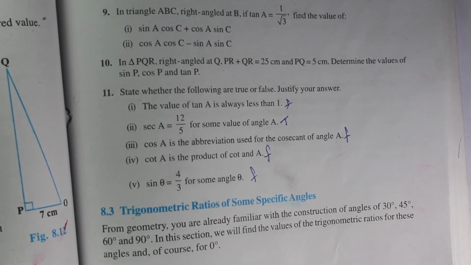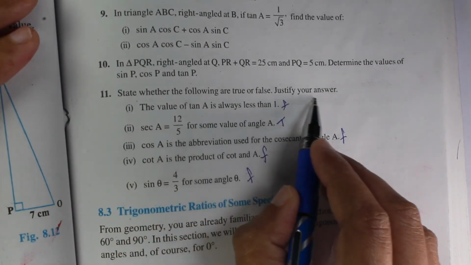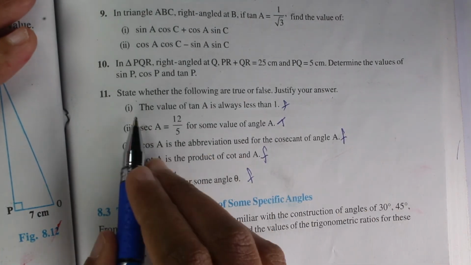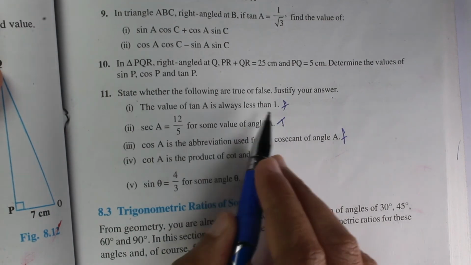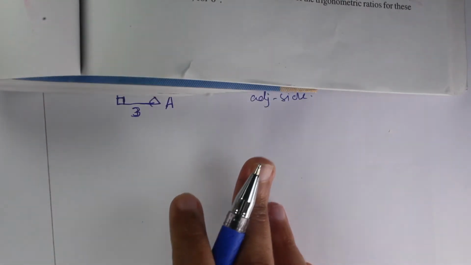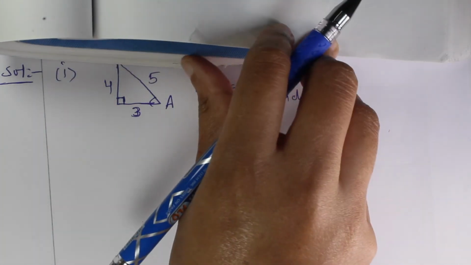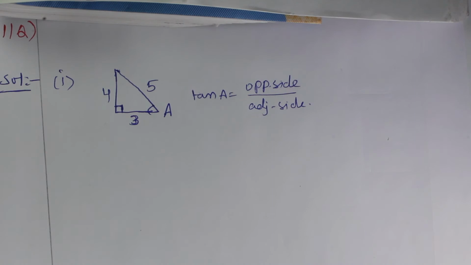Now let's look at the last problem in this question. State whether the following are true or false. Justify your answer. So the first problem: the value of tan A is always less than 1. Is it true or false? It is false. Why? I'll give you an example here.